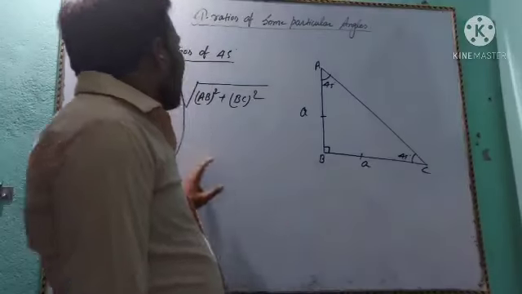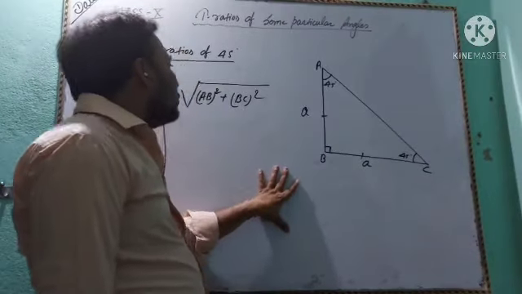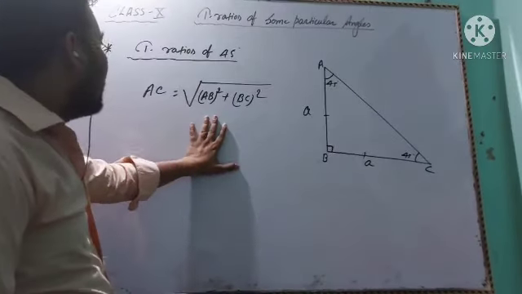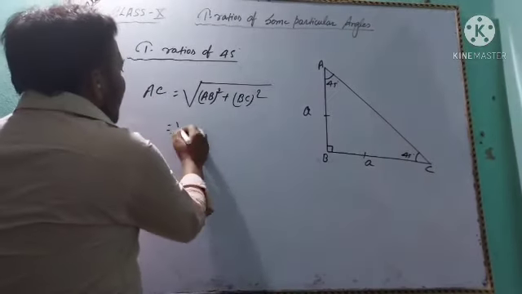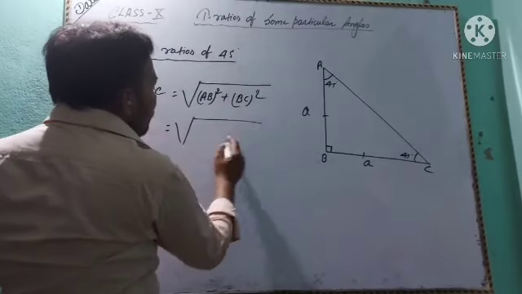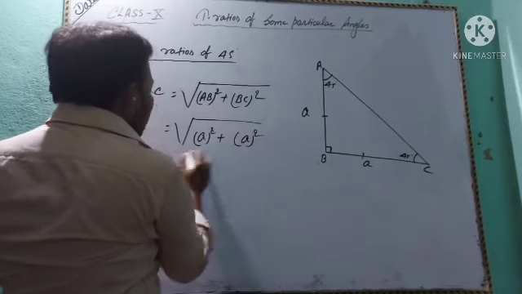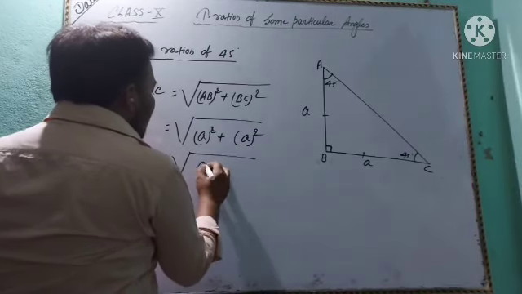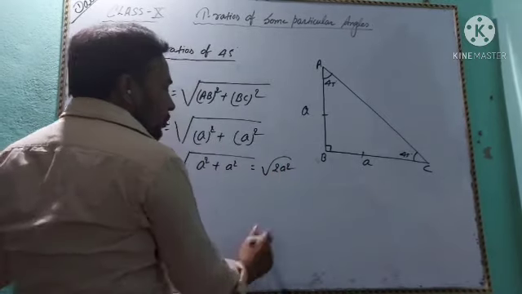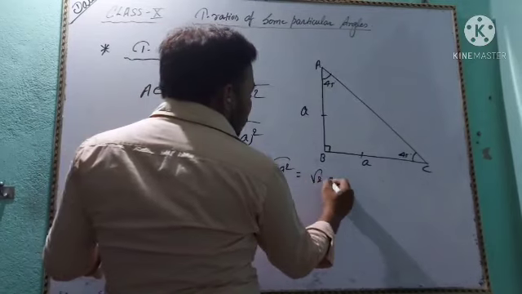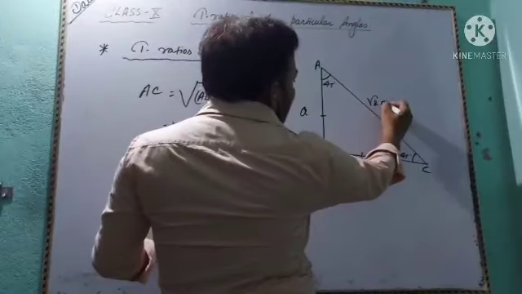In Pythagoras theorem, hypotenuse square is equal to perpendicular square plus base square. AB is a unit, so that is a square, plus BC is also a unit, that is a square. So root under a square plus a square, that is 2a square, so we write root 2 a. So hypotenuse is root 2 a.